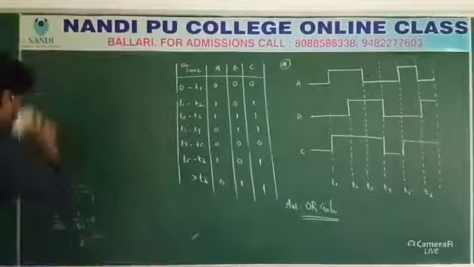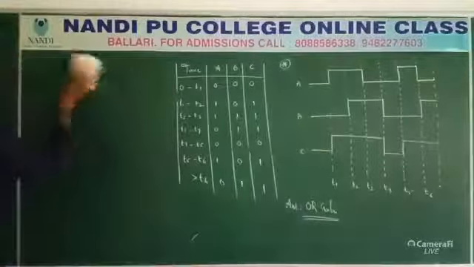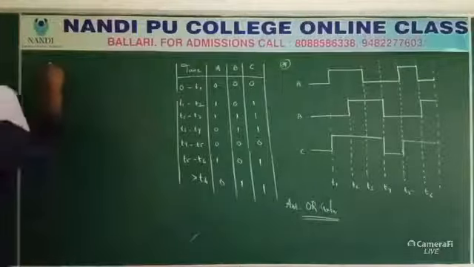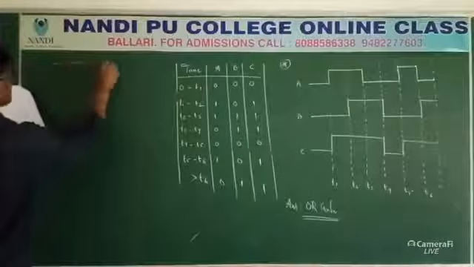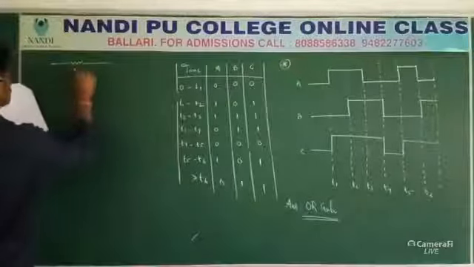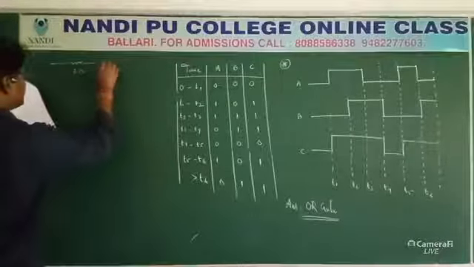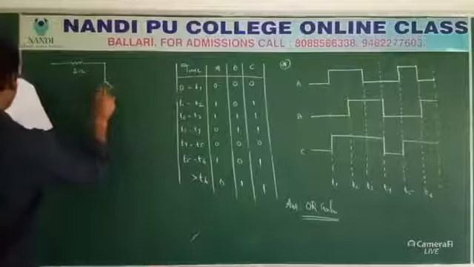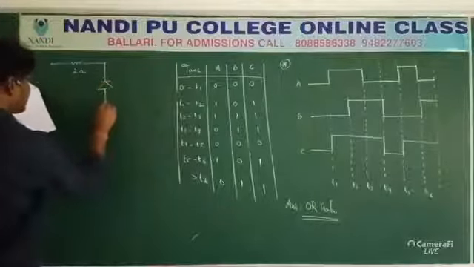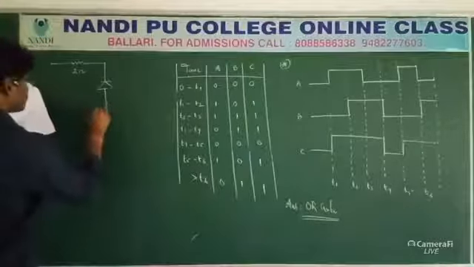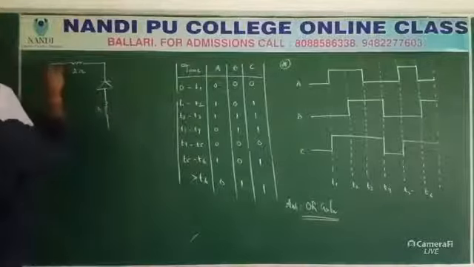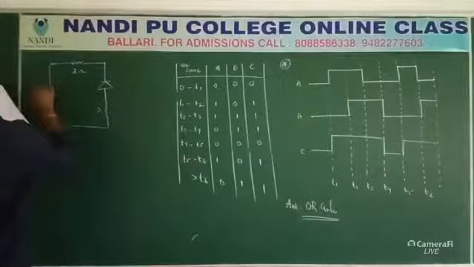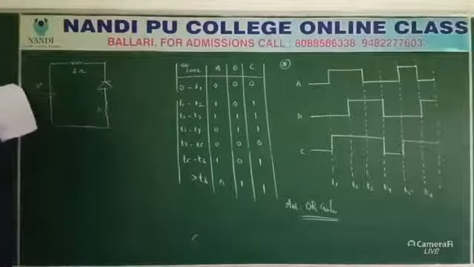In that circuit there is one resistor of 2 ohms, and here we have one diode, which is connected to another resistor of 3 ohms, with a potential difference of 10 volts.